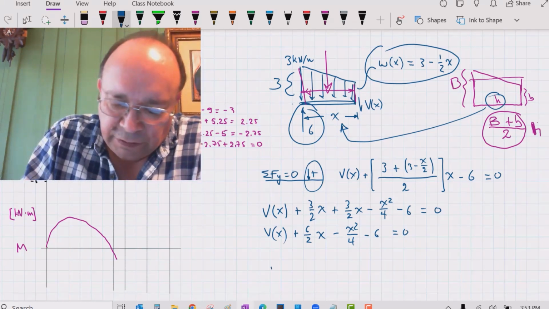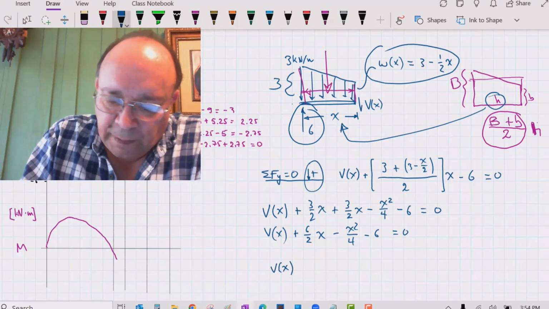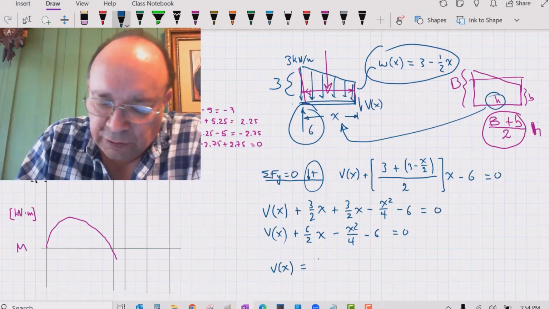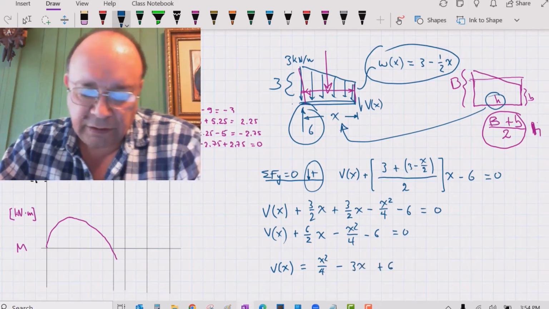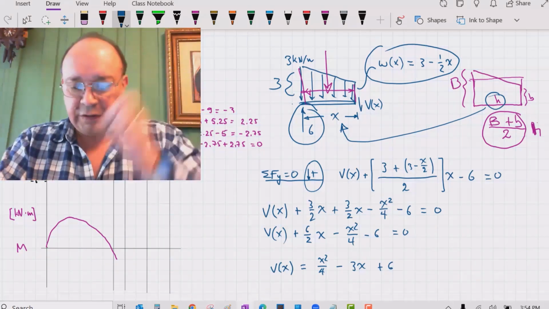Then our equation of shear will be equal to x squared over 4 minus 3x plus 6. So that will be the equation of shear.